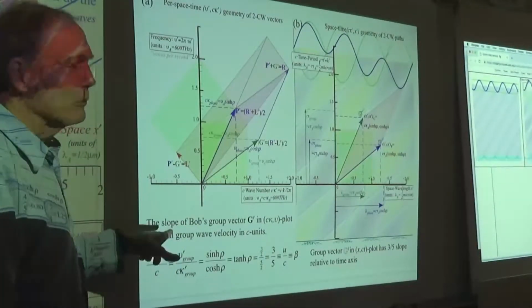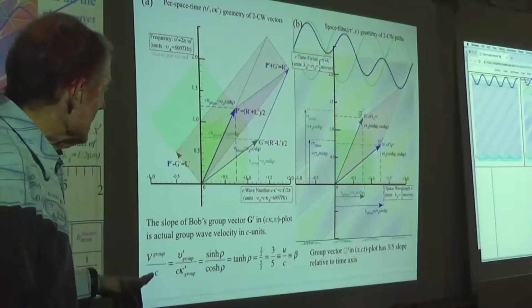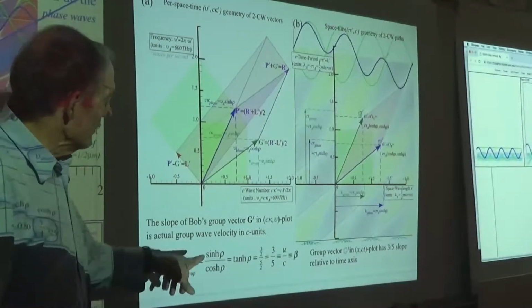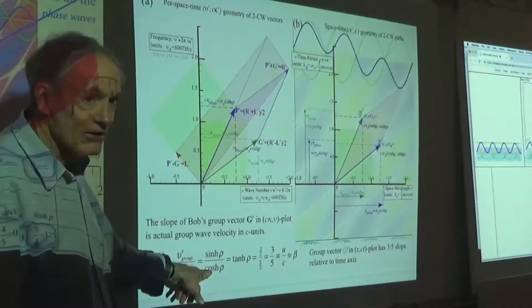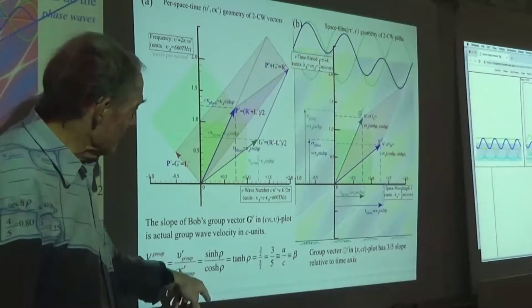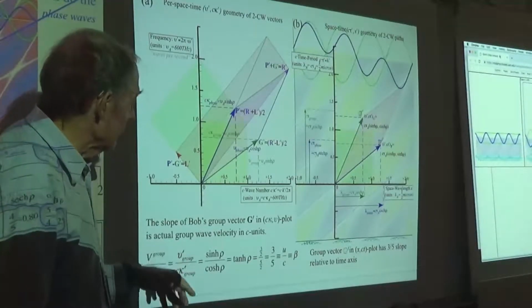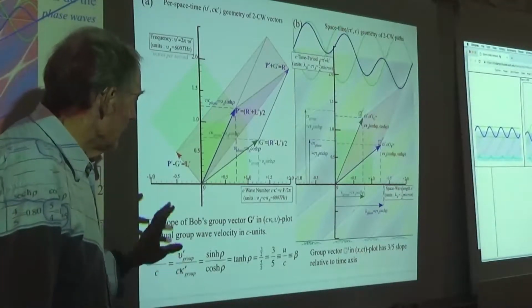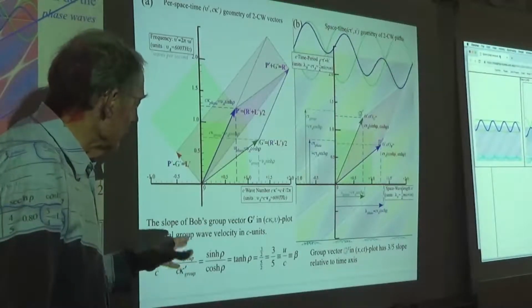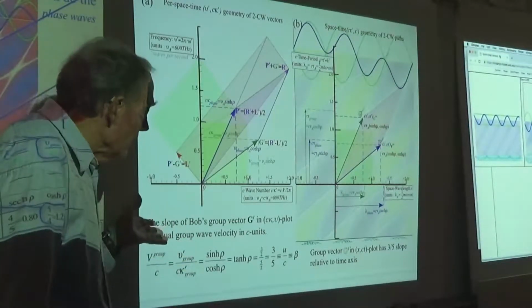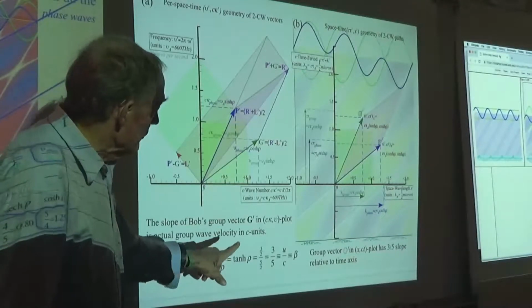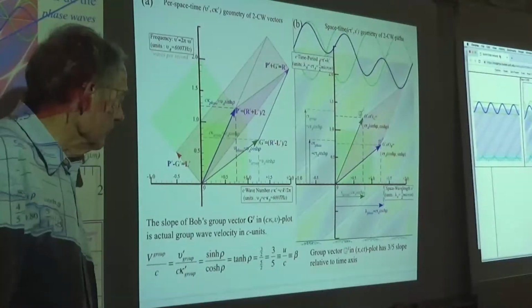When we say velocity, that's what we mean, okay? And V group is the sinh over the cosh of rho. Whatever factors I have, 2 pi or whatever that is, the shared factor, it's gone. We're just left with a ratio of those 2 hyperbolic trig functions.